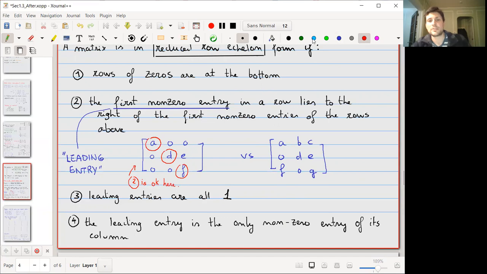Take a look at this other matrix. Here we have a leading entry A and a leading entry D. That's fine. D is on the right of A. However, the leading entry F is to the left of D. The leading entry of the third row is to the left of the second. So 2 is not satisfied here.